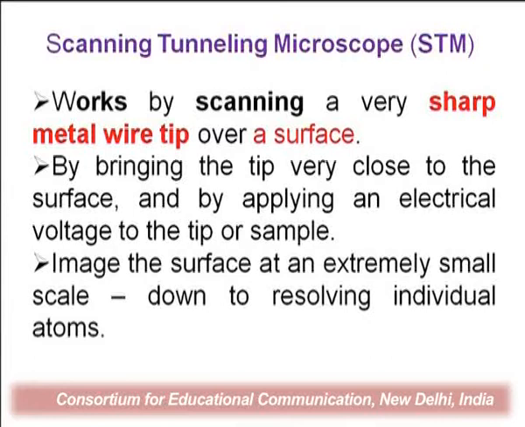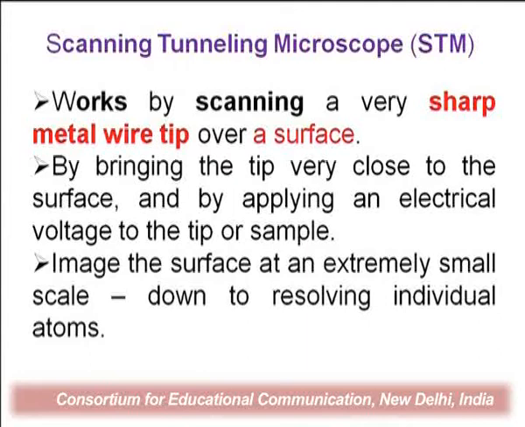It means the tip comes near the surface or goes far by applying the electric voltage to the tip or to the sample. On both sides we apply the voltage, so that we can adjust the distance between the tip and the sample.